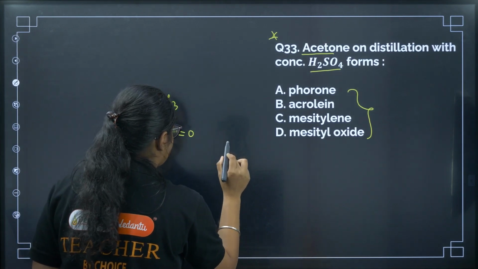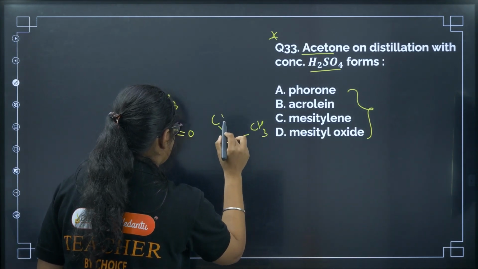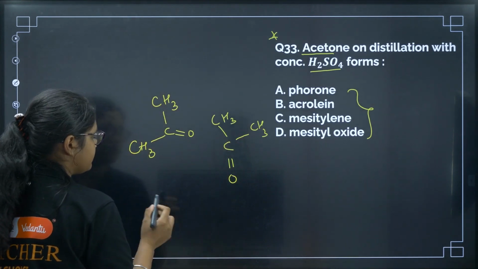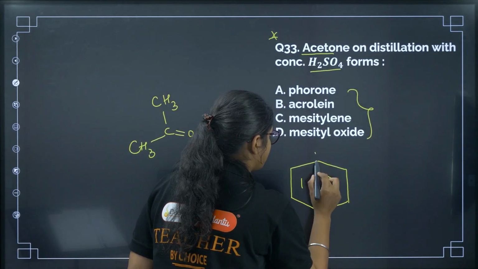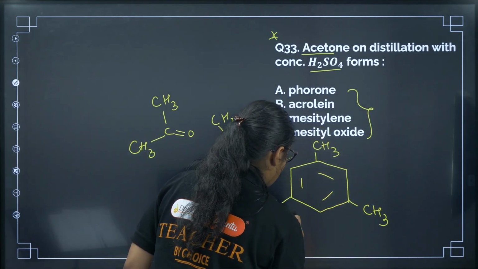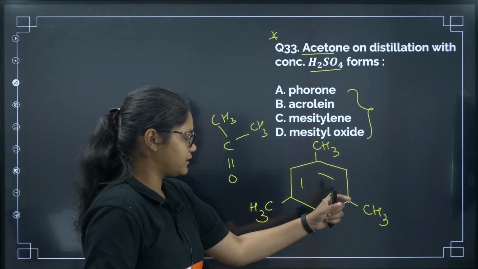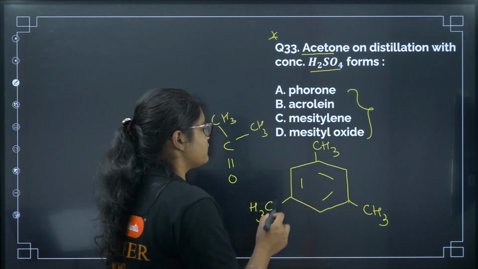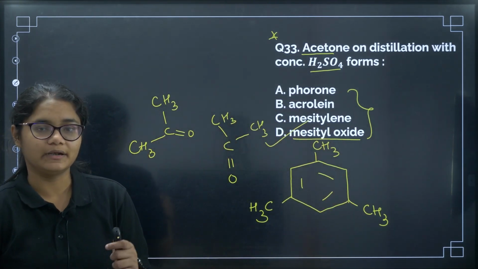So what happens when acetone reacts with this, it forms a compound, this product is formed after dehydration. This product is called 1,3,5-trimethyl benzene, or we call it mesityl oxide. Correct answer for this question will be option number D.